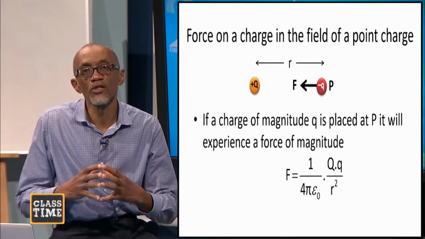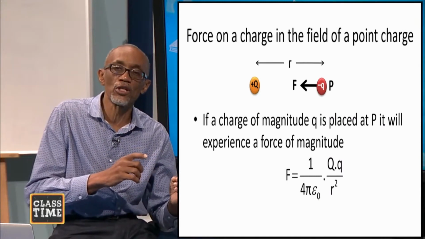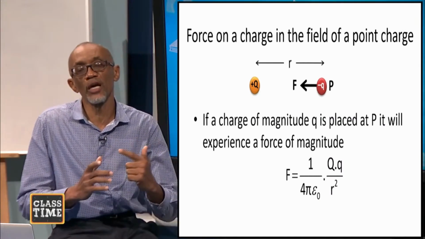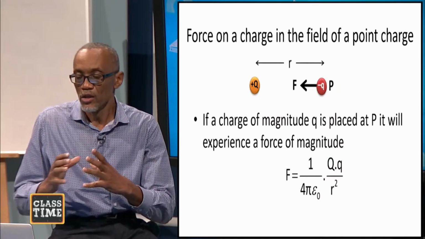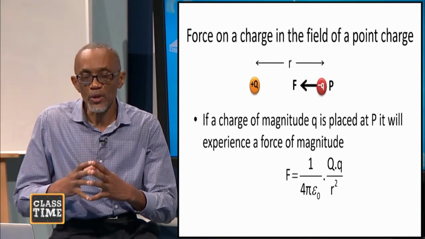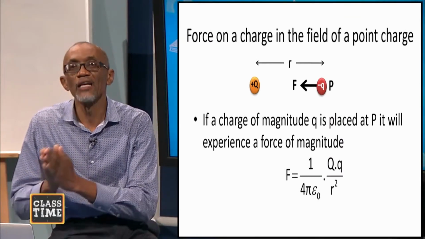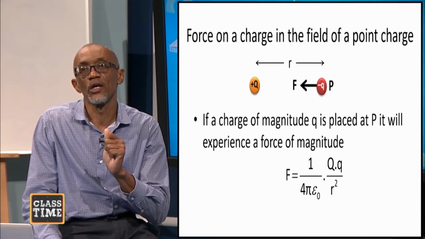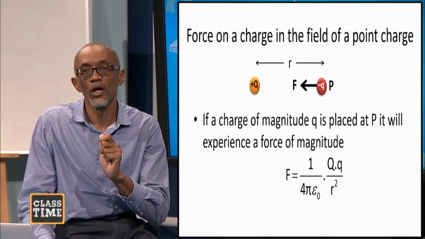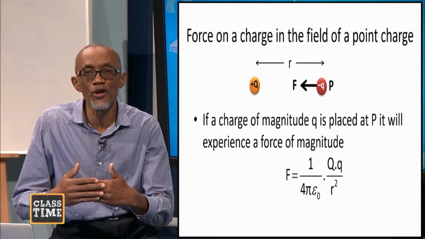But remember, Newton's third law tells us that if an object A exerts a force on an object B, B will exert an equal but opposite force on A. So capital Q exerts a force on little q, and little q will exert an equal and opposite force on capital Q. All right, so the forces are what you call Newton's third law forces.